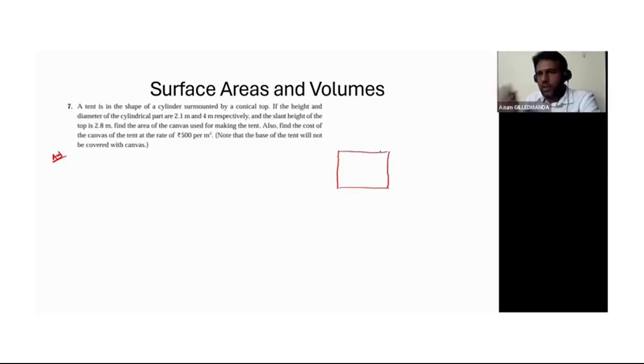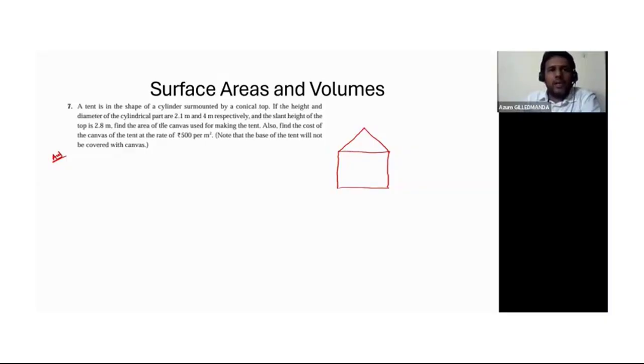Let's say this is the cylinder, the side view, and surmounted by a conical top. That means it's like that. You understood, right? So this is like a cylindrical hut. On the top, the roof is conical.